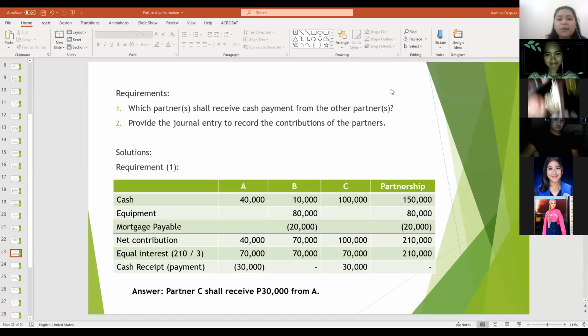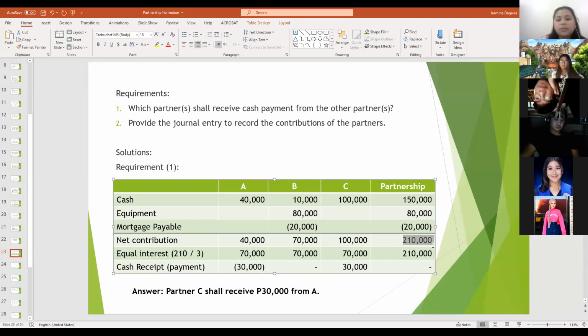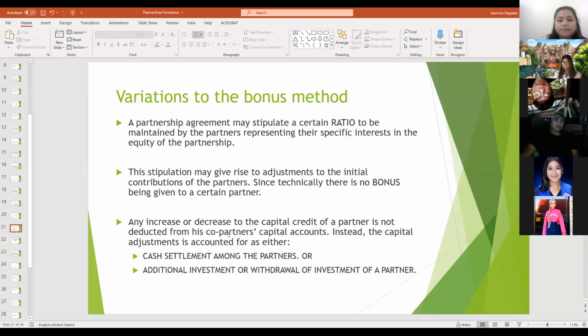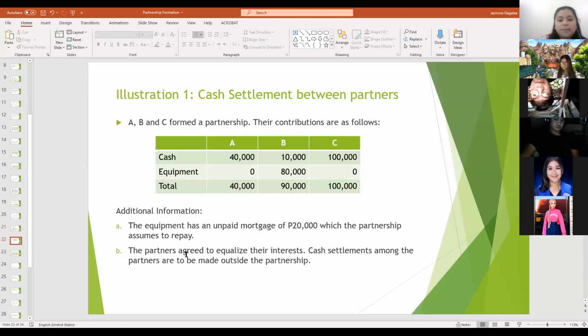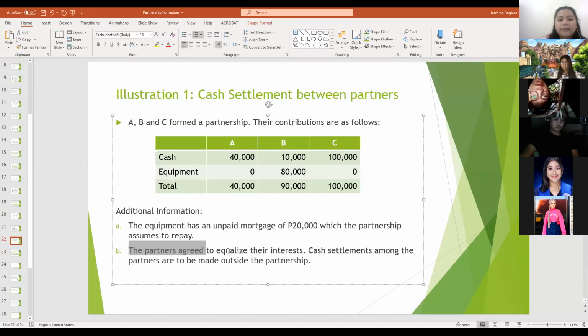Paano nakuha yung 70,000? Na-determine nyo na 210,000, di ba? Yung net contribution divided by 3. Kasi sinabi sa problem, the partners agreed to equalize their interest. Meaning, equal dapat yung credit sa capital accounts of each partner.